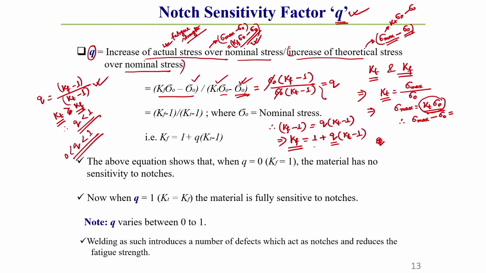Generally when it will be 0, here I have written, if Kf equal to 1 in this equation, let us consider this as equation A. In this equation A, if we consider that there is no notch sensitivity effect, Q equal to 0, then you can say here Kf will be equal to what?